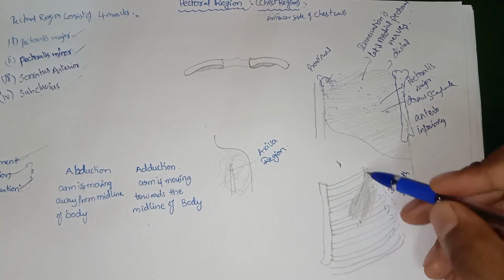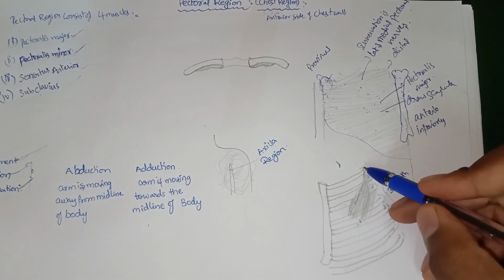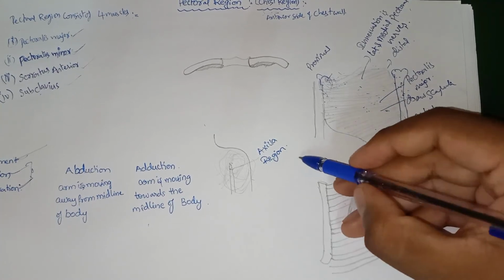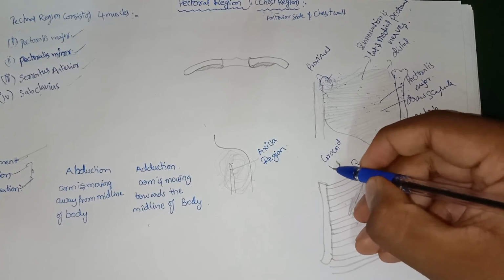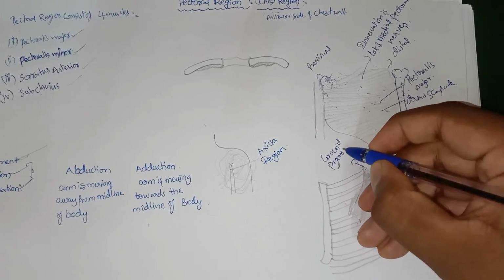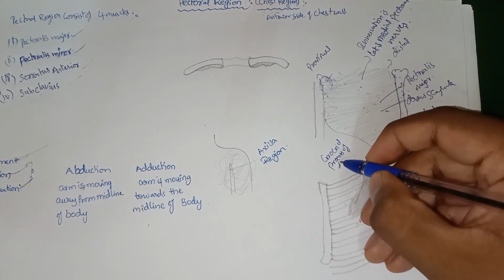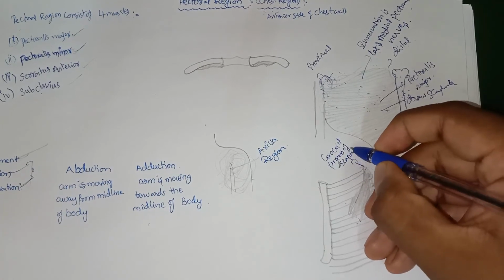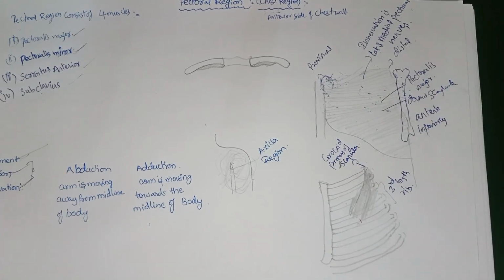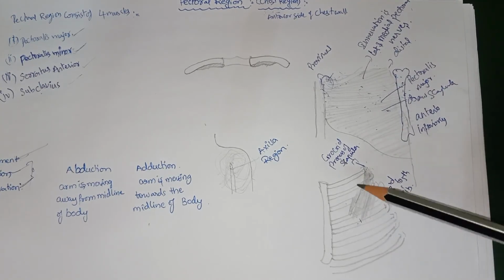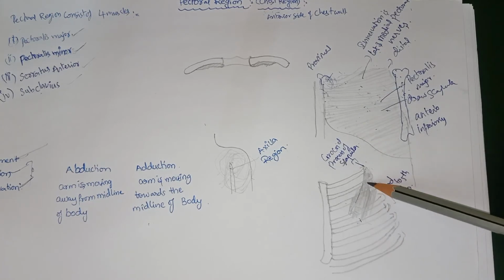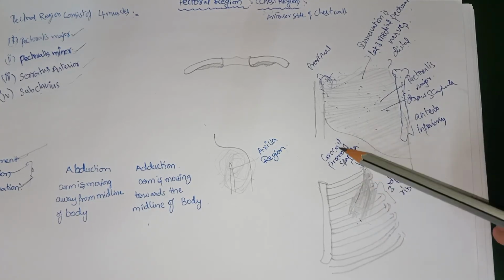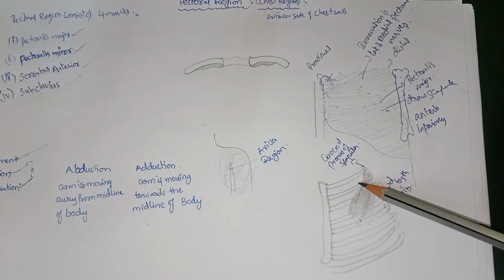And where is it inserted? It is inserted near the coracoid process of which bone? Scapula bone. Coracoid process of scapula. So it originates from the third to fifth rib and is inserted to the coracoid process of the scapula bone.